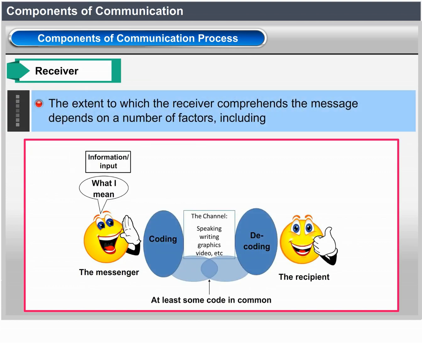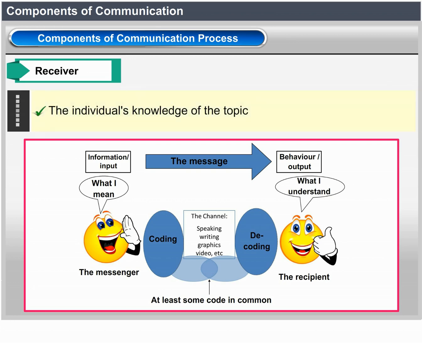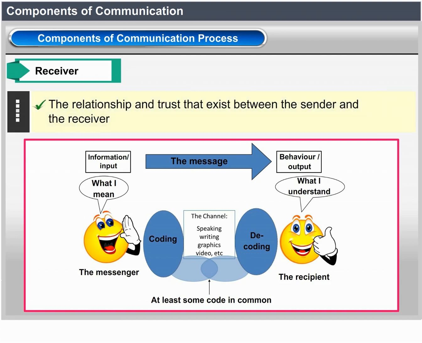The extent to which the receiver comprehends the message will depend on a number of factors, including the individual's knowledge of the topic, his or her receptivity to the message, the relationship and trust that exists between the sender and the receiver, and the receiver's understanding and perception of the information being conveyed.